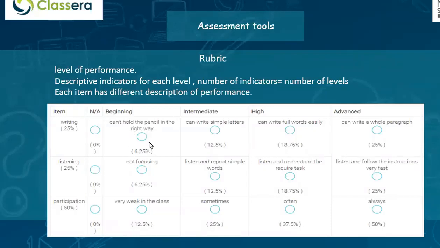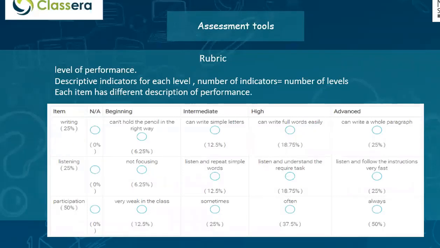Multiply by 1, it will be this. Multiply by 2 will be intermediate. 3 will be high. And multiplied by 4, the highest mark is 25. So when you choose advanced, this means your student can write a whole paragraph and his level is advanced and he got 25 out of 25 for this item.